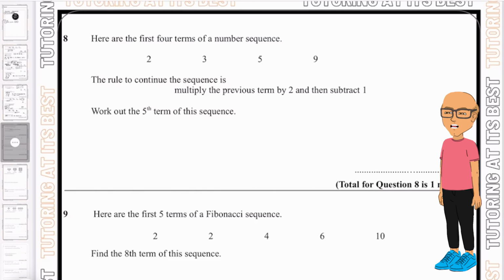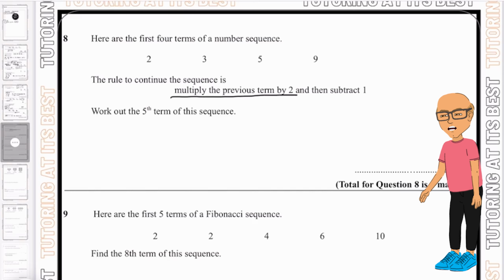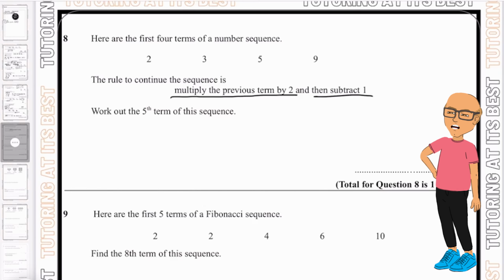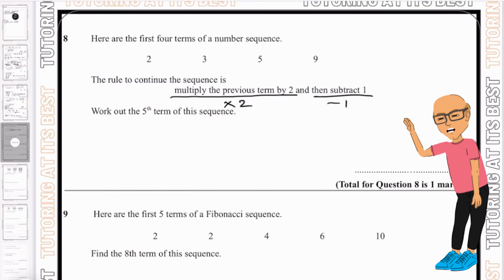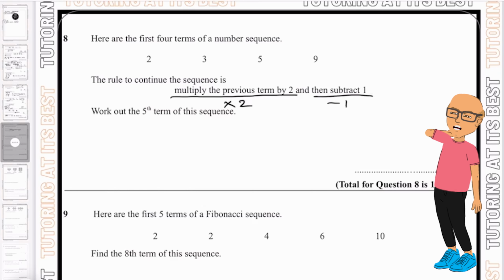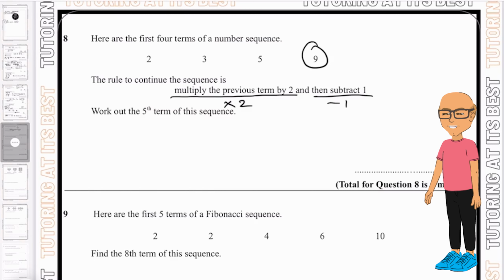Marvellous. So, we have 4 terms of a number sequence. And the rule to continue the sequence is multiply the previous term by 2 and then subtract 1. So times by 2 and minus 1. We now need to work out the 5th term of the sequence. So we're going to multiply the previous number by 2, which is going to be 9.